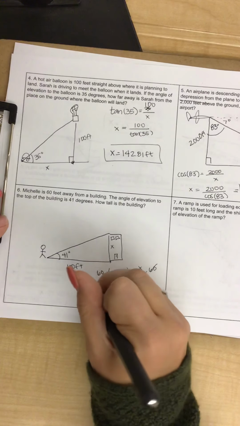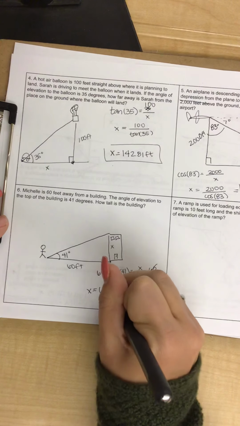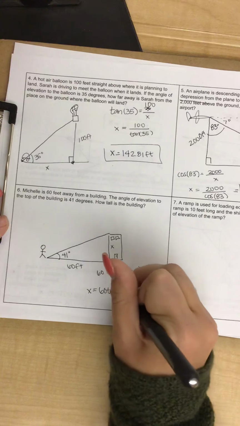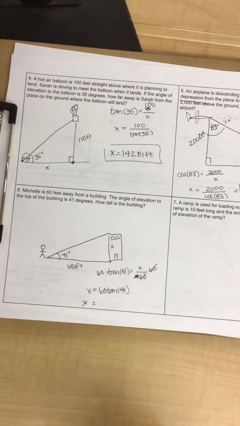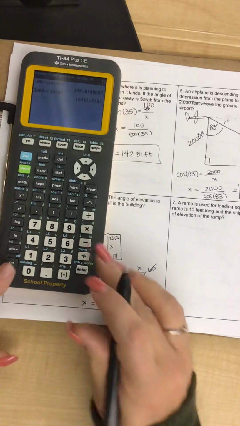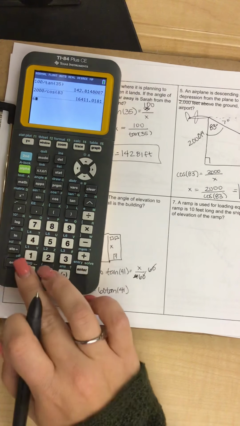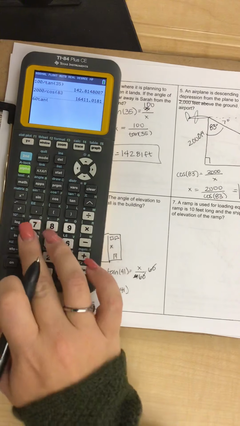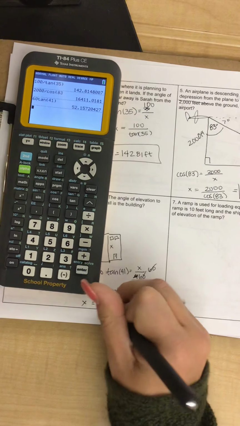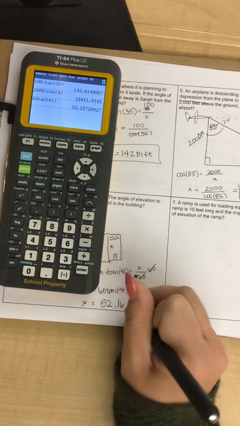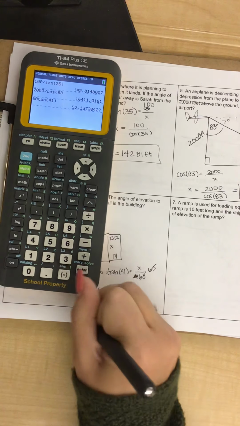Okay, so x equals 60 times the tangent of 41. That goes in your calculator. 60 tangent of 41, and you get 52.16 feet.